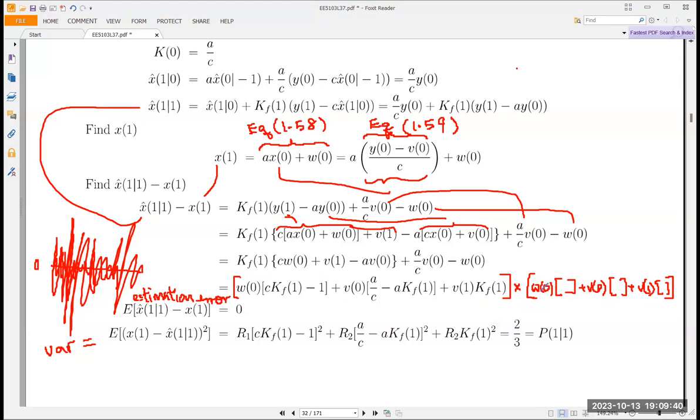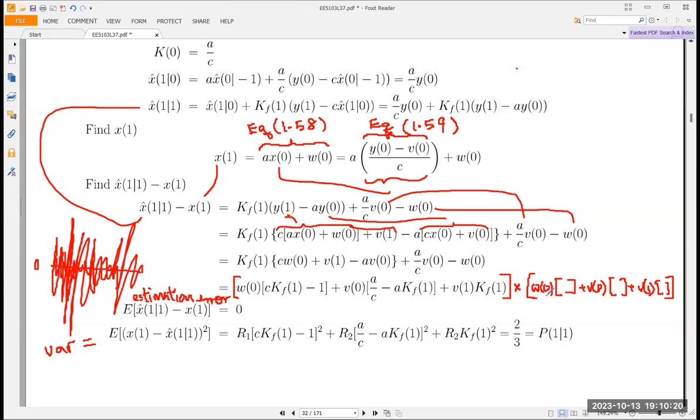W0 will multiply by the W0 term. That will give you W0 square. The V0 will multiply by the V0 term. That will give you a V0 square. The V1 will multiply by a V1 and give you a V1 square. Now, when you have a square, you know squares are all positive. When you find the average of all positive numbers, it won't give you zero. It will give you a positive number. All right. So that is the point here.